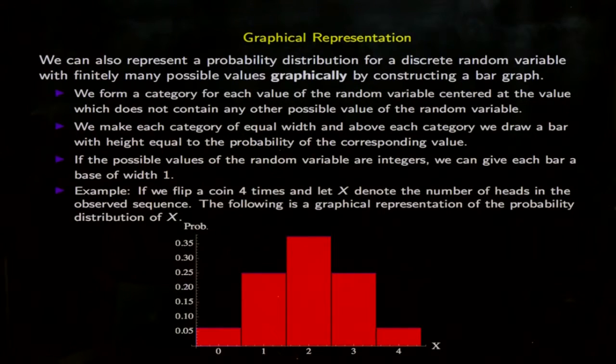And here's our example. If I flip a coin 4 times, let x denote the number of heads, then the possible values of x are 0, 1, 2, 3, and 4. And here we've drawn a bar centered at each of those possible values. And the width of the base of the bar is 1 in each case, so they don't overlap. And the height of each bar is the probability that each of those possible values of x occurs.